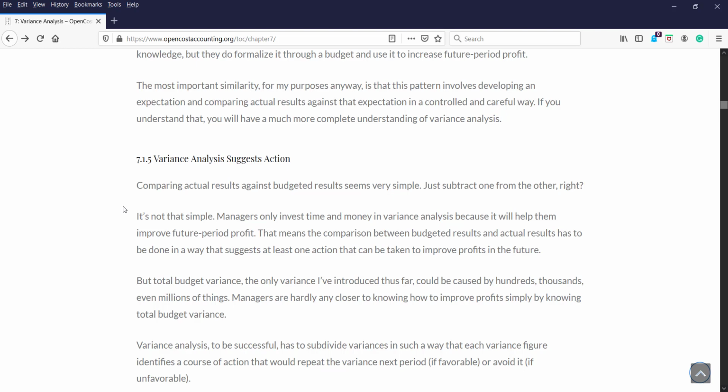And that's usually where people stop. They don't go further than that because managers are expected to have to make phone calls and do a little investigation. That's okay. We don't need the accounting system to get us to every minute detail, but we need to get us to a point where we've isolated maybe a handful of possible causes that we can then check on and use as a basis for improving our future results.